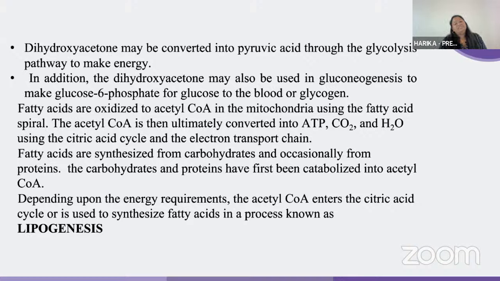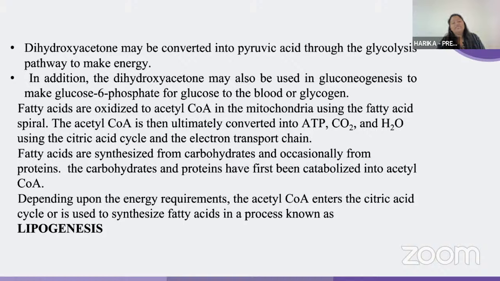And these fatty acids are oxidized to acetyl-CoA in mitochondria. And the acetyl-CoA then ultimately converts into ATP, carbon dioxide, and water using the citric acid cycle and electron transport chain.